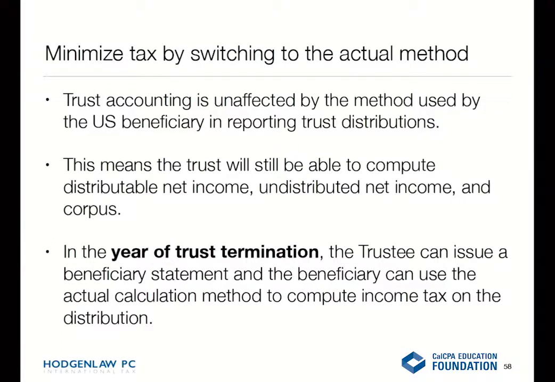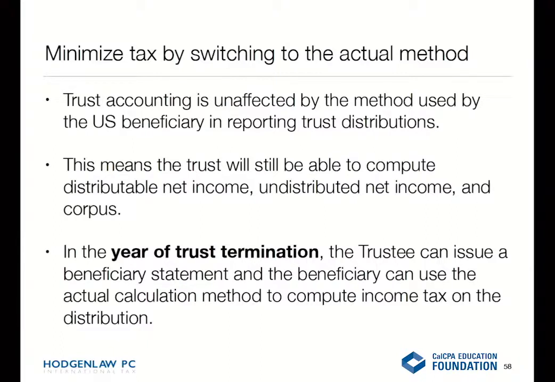So in certain situations where there's a ton of accumulated income, it can actually be more beneficial to use the default method. So in these situations, there's no one-size-fits-all solution. You really have to look at the situation as a standalone, do the math, and figure out what's going to be the best solution.